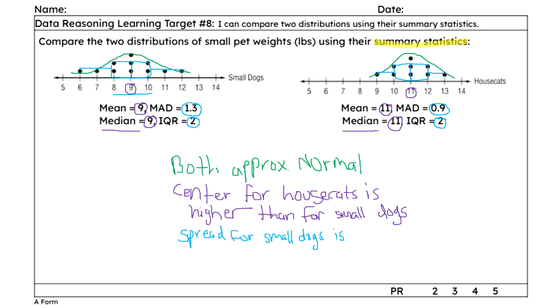It's not more spread out a lot. It's just a little bit more spread out. So spread for small dogs is slightly larger than for house cats.